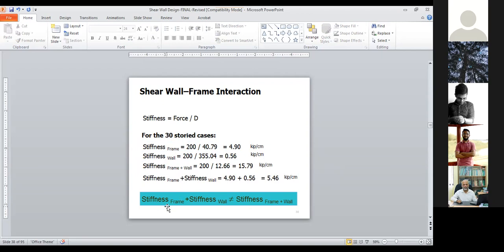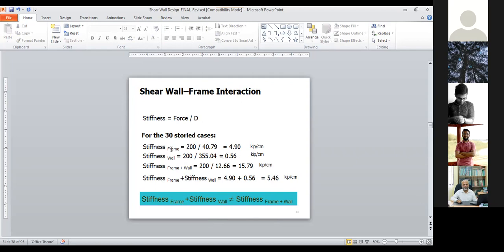So this is not a linear combination. The stiffness of the frame system individually plus the stiffness of the wall system is not equal to the stiffness of the frame plus wall. Your total stiffness becomes 15.79, but if you linearly add, it is only 5.46. So we cannot add the stiffnesses together. You can see from here.